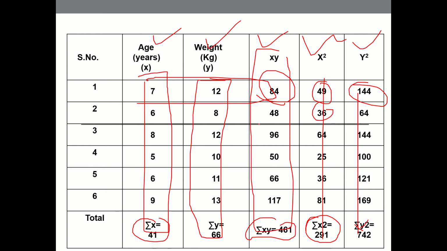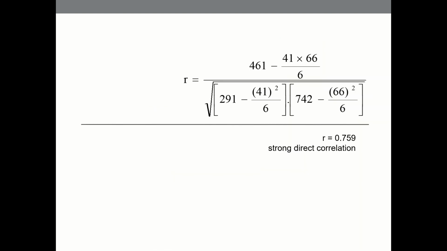R is the degree of relationship that we are trying to establish. So once you put that information, let us say we get an R value of 0.7 or 0.8 to round it off.